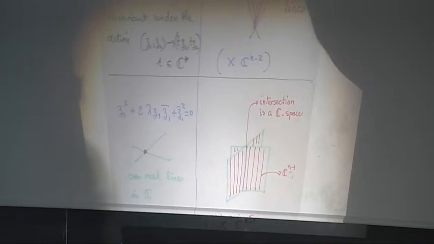And you have another example, which is the more trivial example. It's like in the first or second transparency.